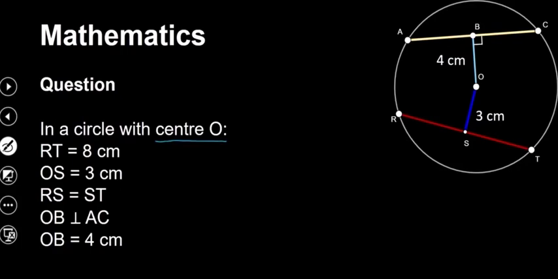If I did not say this, you don't assume that the O is the center of the circle, please. And then RT is equal to 8 centimeters, right? So this whole length there is 8 centimeters. And then OS is 3 centimeters, as you can see, I've shown you.